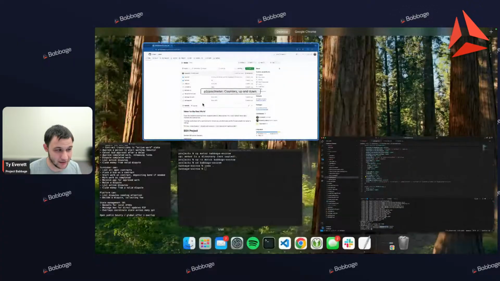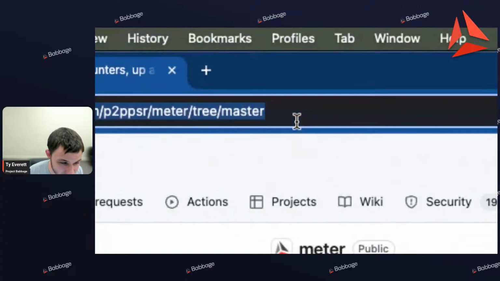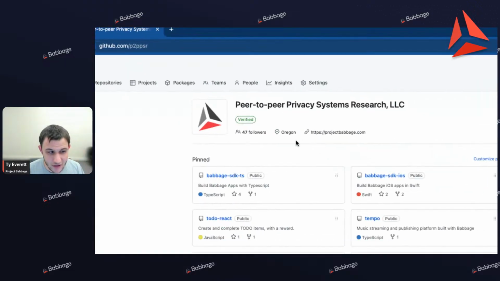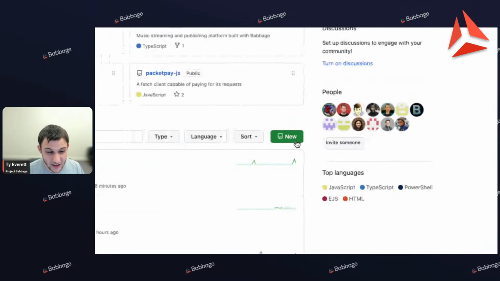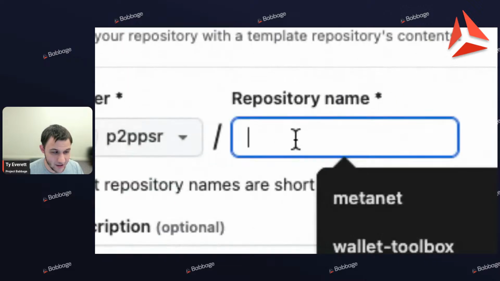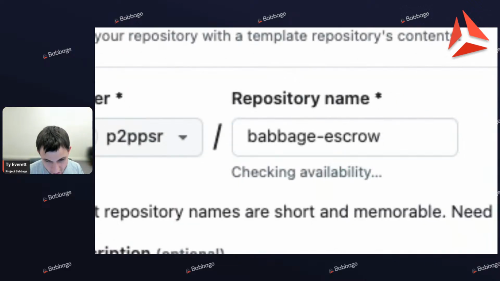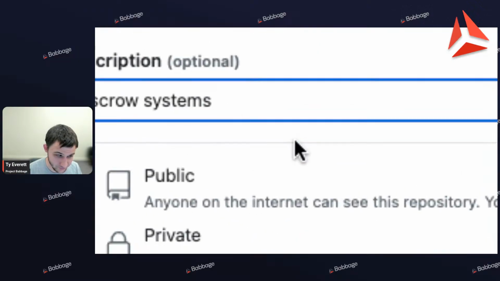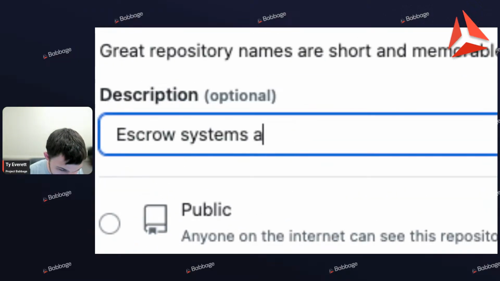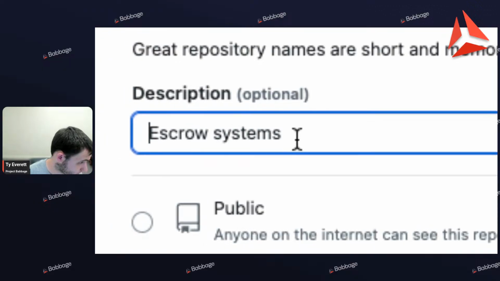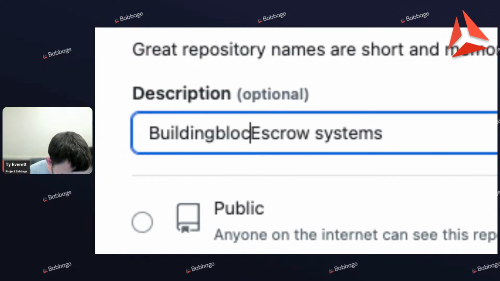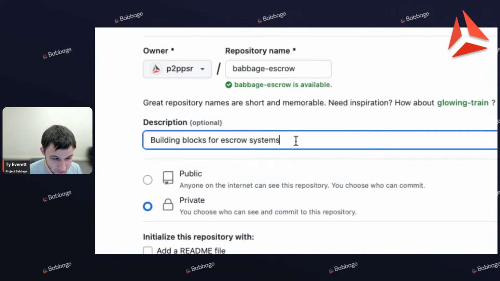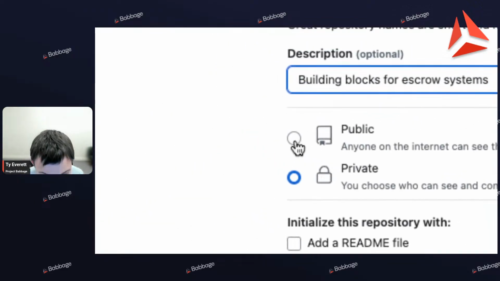Where's my, here we go. So let's just go and make a new repository, Babbage Escrow. Building blocks for escrow systems. This will be a public repository.